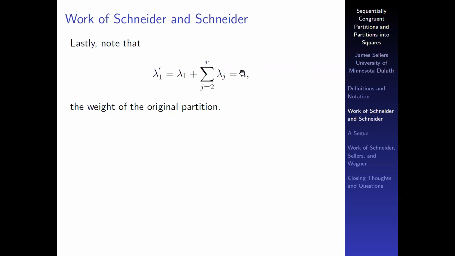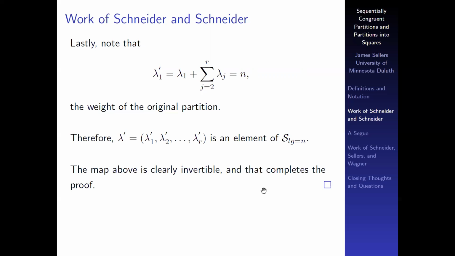So the largest part here is equal to n, which means we've shown that lambda prime is an element of capital S of little g equals n. So I've got this function which is now mapping me from P sub n over to the right sequentially congruent partitions. And this map is easily invertible, and that completes the proof.